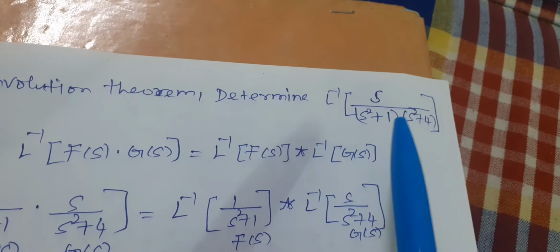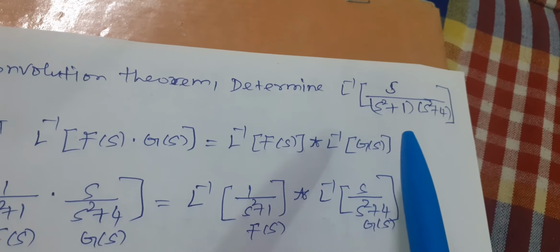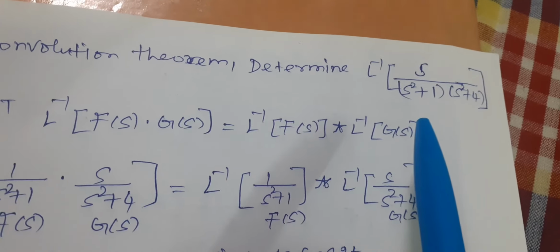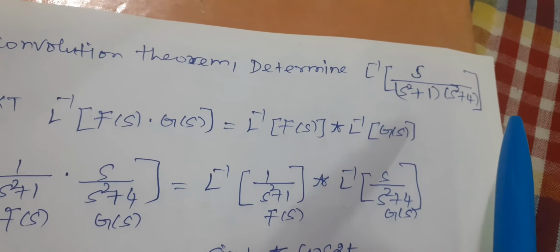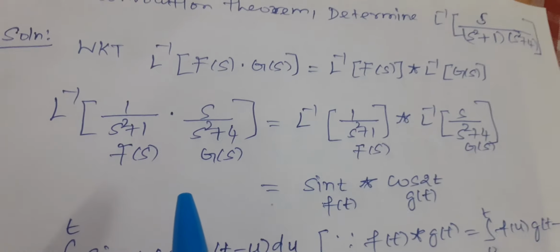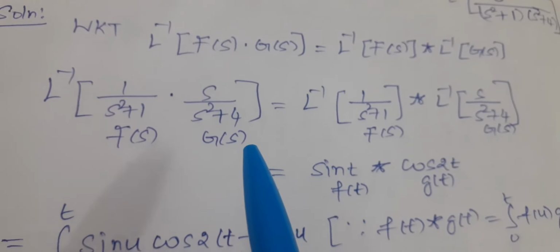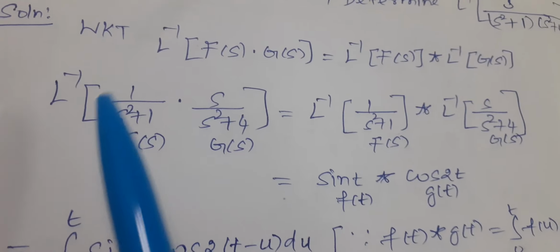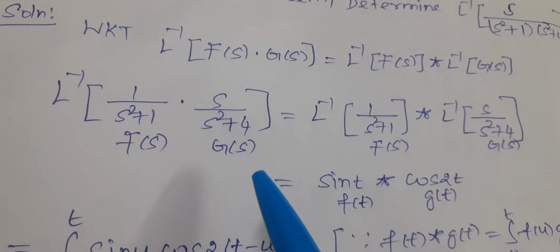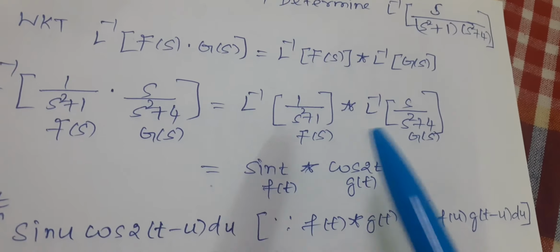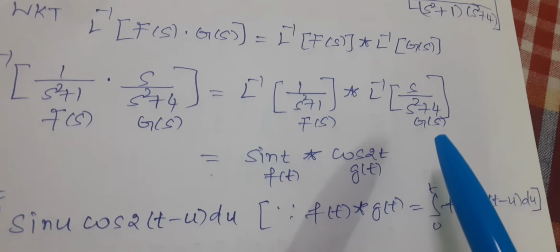In any way we can split: first s by s square plus 1 into 1 by s square plus 4, or 1 by s square plus 1 into s by s square plus 4. Here I am splitting as first one 1 by s square plus 1, into s by s square plus 4. So first one I am considering as f of s, second one as g of s. The formula is L inverse of f of s star L inverse of g of s.